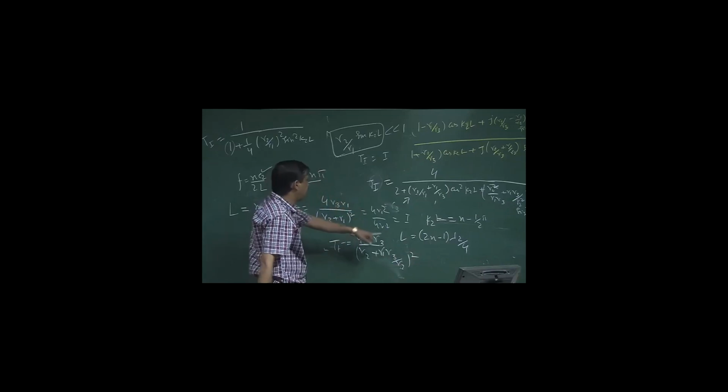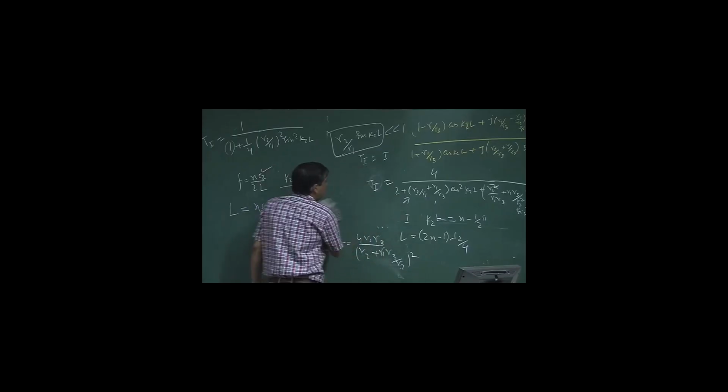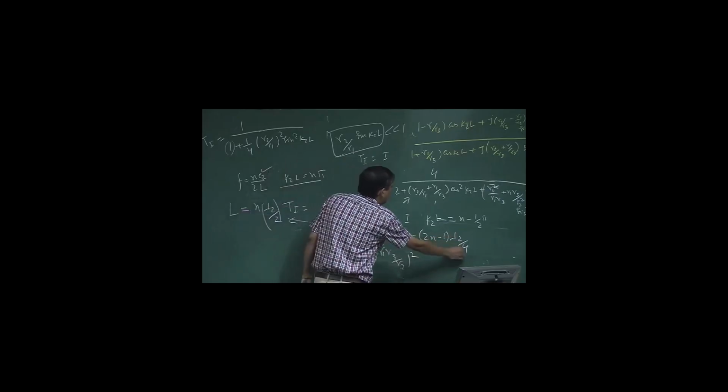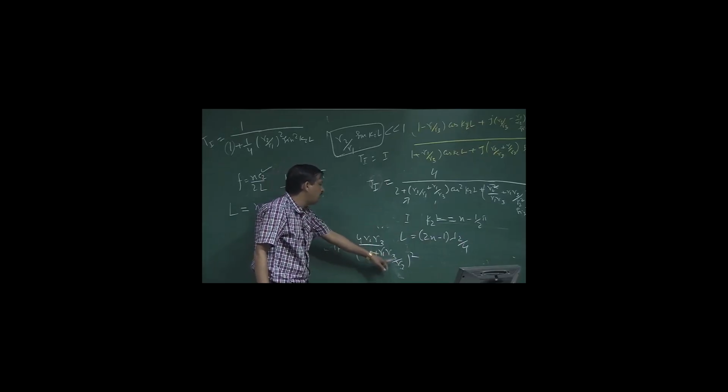In that case, K2L is an integer multiple of n minus half pi, or L is equal to 2n minus 1 by lambda 2 by 4, then Ti will be 4 R1 R3 divided by R2 plus R1 R3 divided by R2 whole square. If R2 is equal to root over R1 into R3, then Ti will be 1.